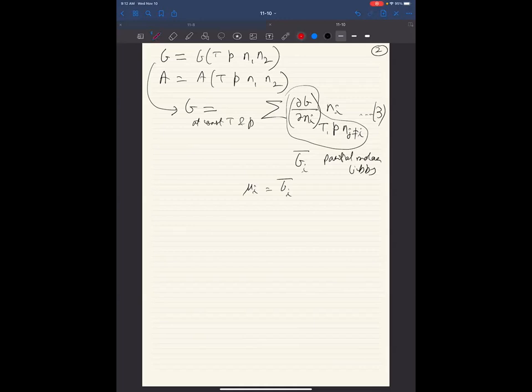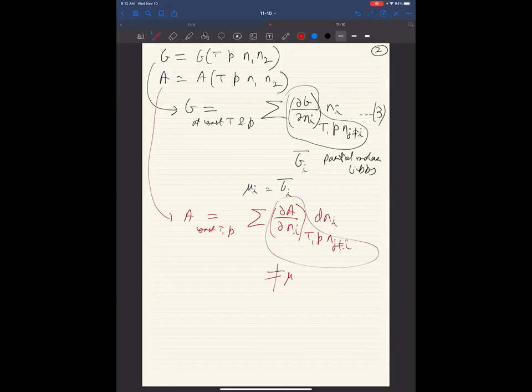For A, if we write down the same thing, A at constant temperature and pressure will be the summation of partial A by partial Ni, constant temperature, pressure, and j not equal to i, multiplied by dNi. And notice we did not define mu i this way, right? Mu i for A was defined using A's natural variables. Anyone remembers what are the natural variables for Helmholtz energy?